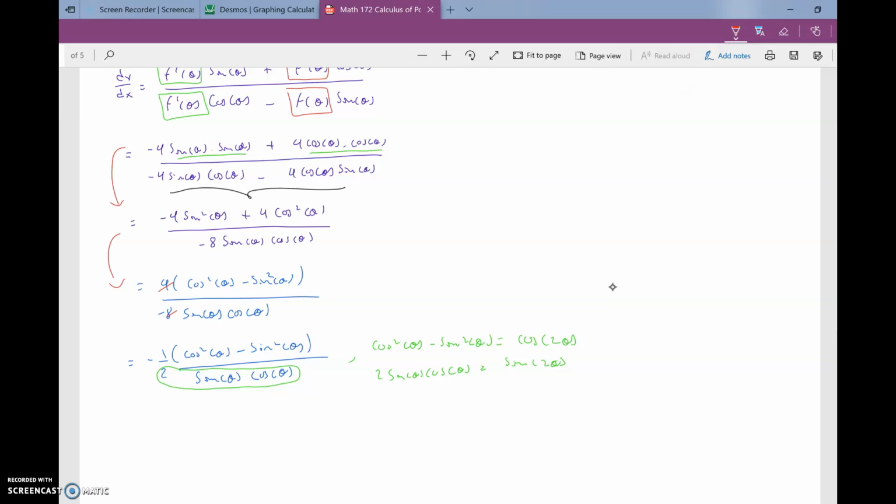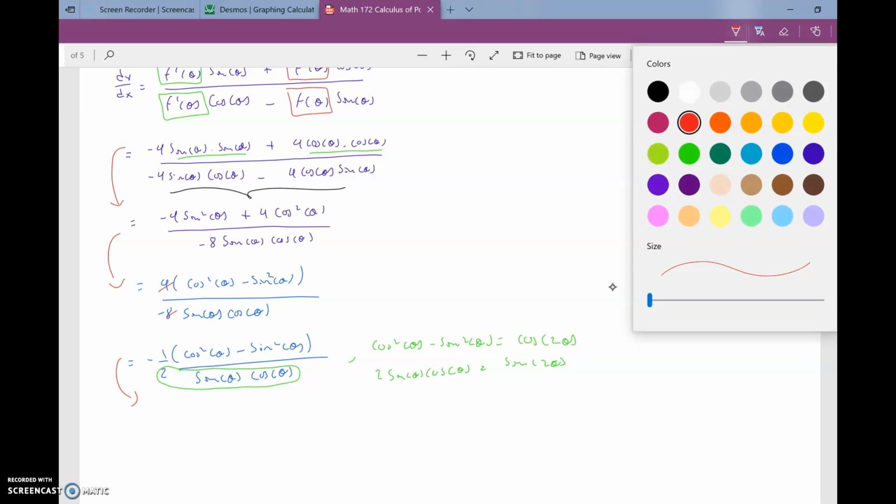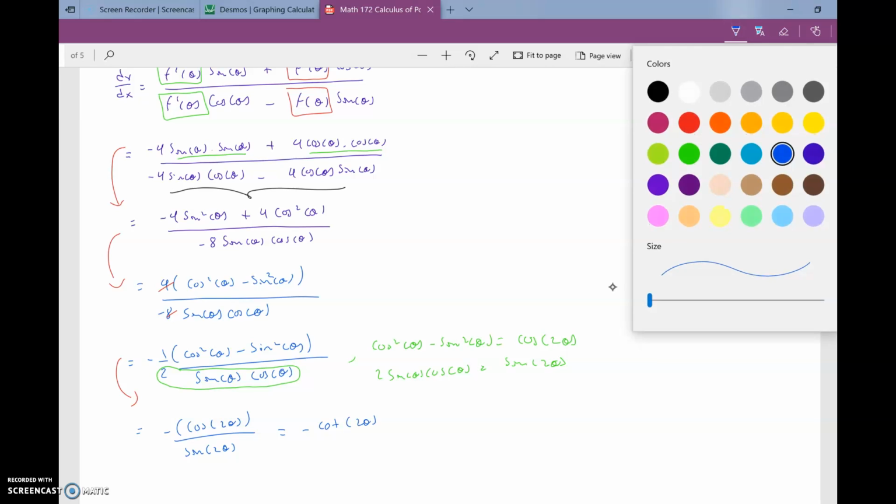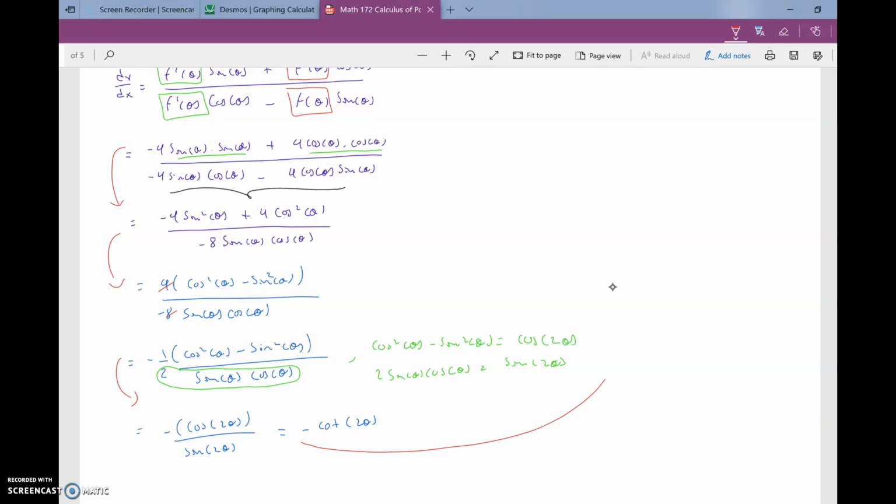Okay, so this one we can further simplify as negative, and on the top you have the cosine of 2 theta. At the bottom, this will be the sine of 2 theta, which is equal to, well, cosine over sine, negative cotangent of 2 theta. And let me just summarize the final answer.